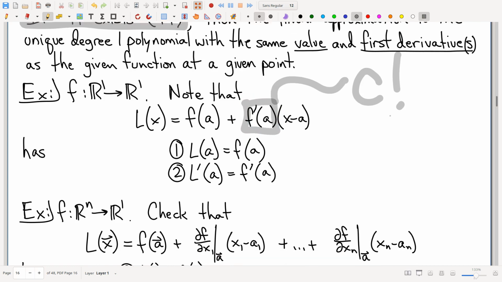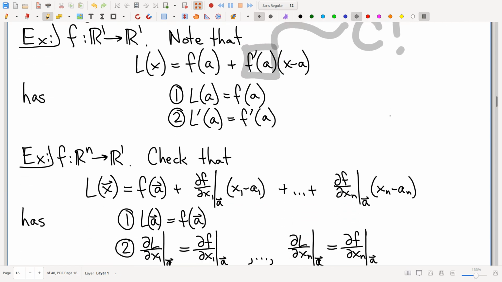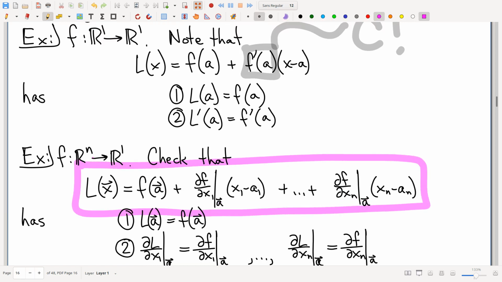So likewise, looking at our new linear approximation formula, looking at, for example, this thing right here. That, too, is just a constant. It's a scary-looking constant, right? But it's just a constant. F was a function. The partial with respect to x_i is a function. But when I plug in the point A, it's just a number.